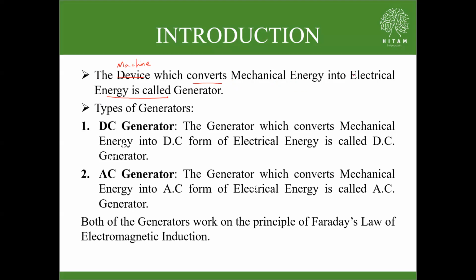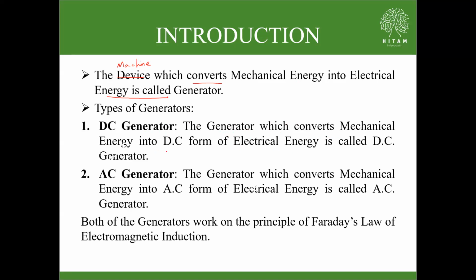If we convert in a reverse manner, that is electrical to mechanical, that we can call it as a DC motor. If the supply is DC, then it will be mentioned as a DC machine. If the supply is AC, then it will be called as AC machine. Right?